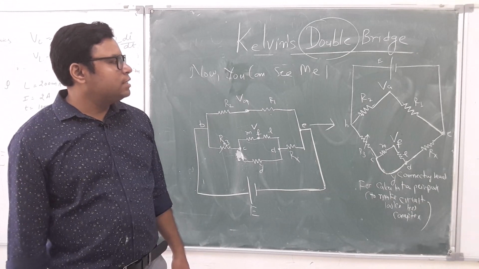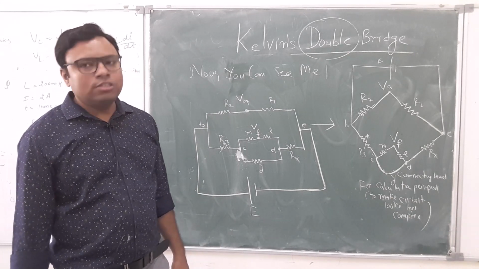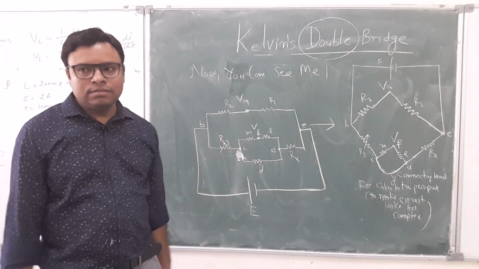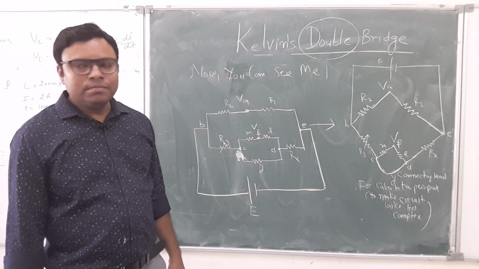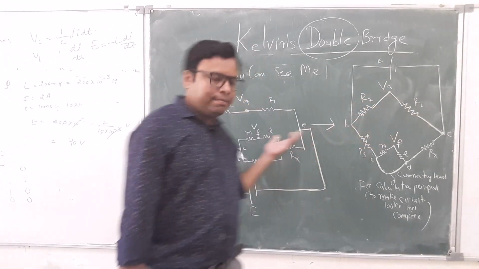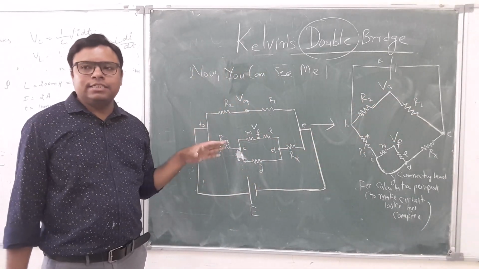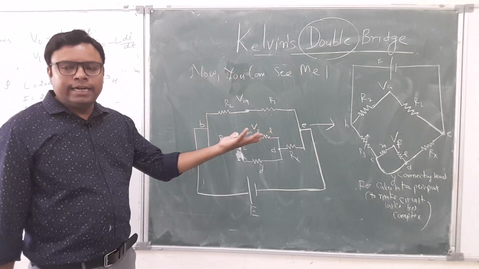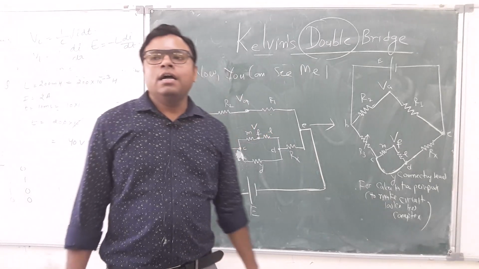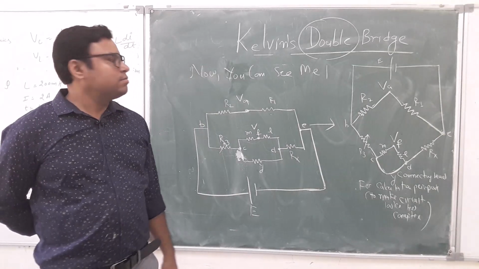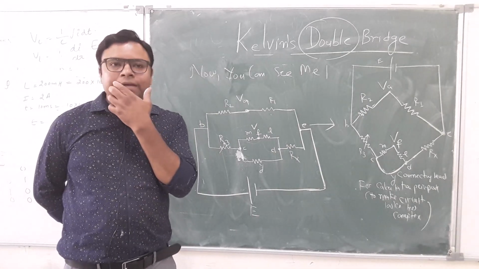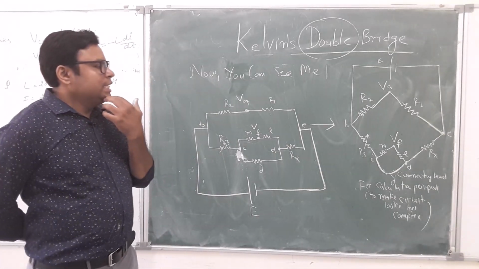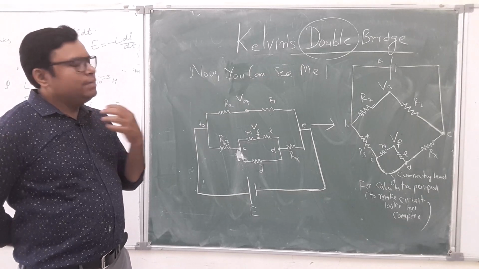R1 and R2 were not in series. Now this is in series. I am just showing this. Yes, now it is in series under the balance condition. But yes, we can write it, but I am not going there. See, we can do several things.